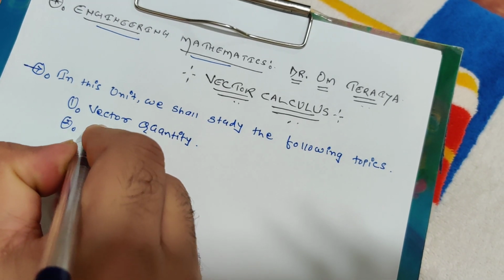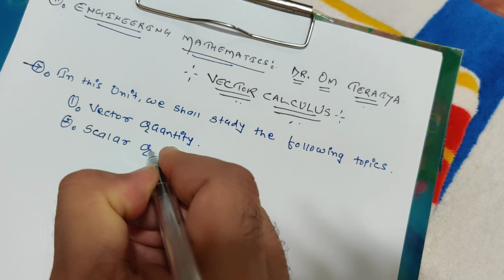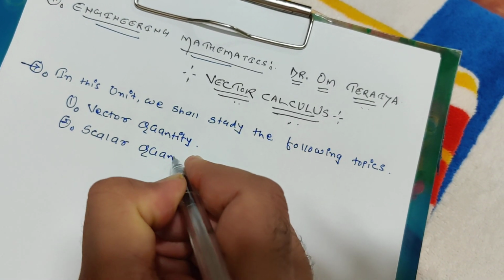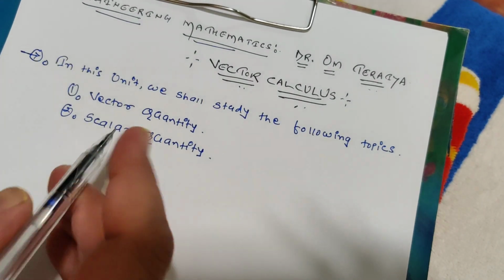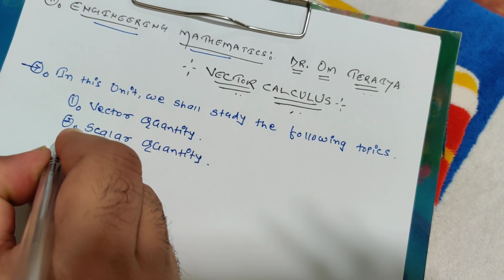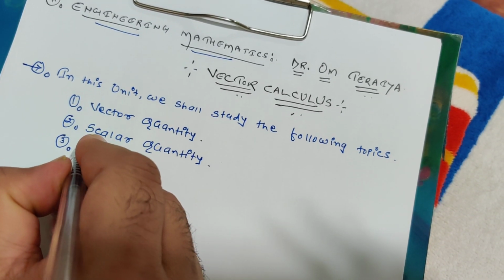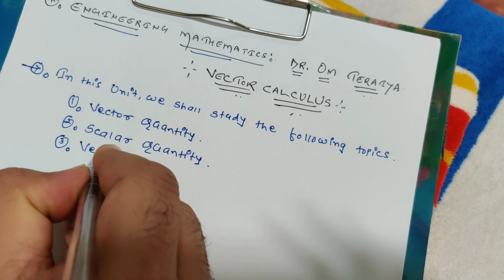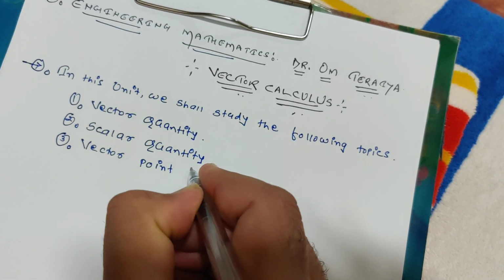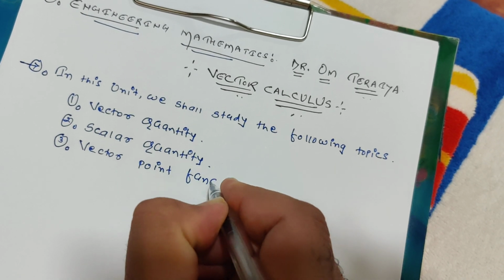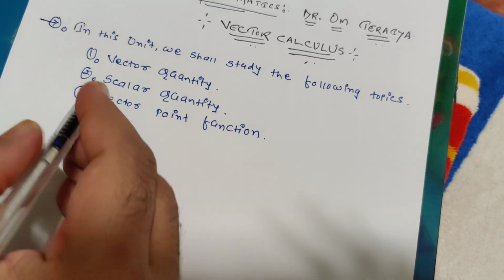Number 2, what is scalar quantity? Number 3, vector point function.